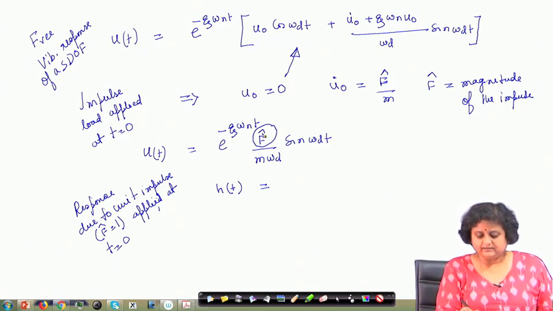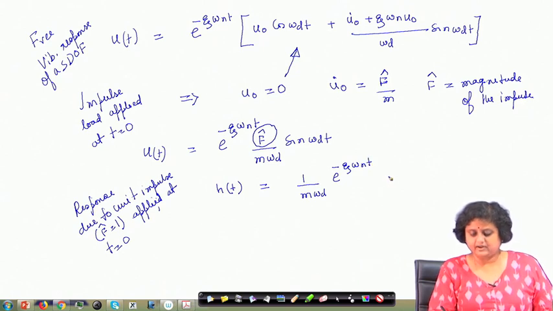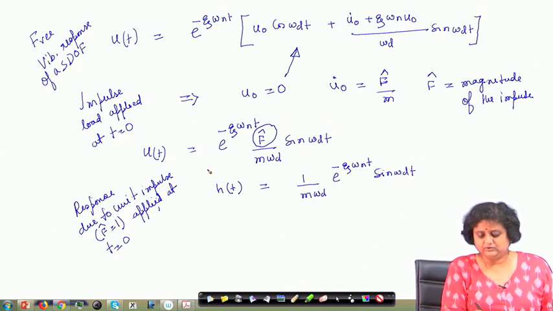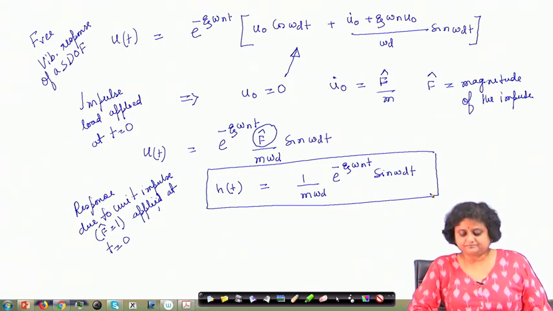So, h(t), with f hat equal to 1, is going to be 1 by m omega d into e to the power minus zeta omega n t into sin omega d t. So, this is an important expression and we will keep using this in several parts of the course.